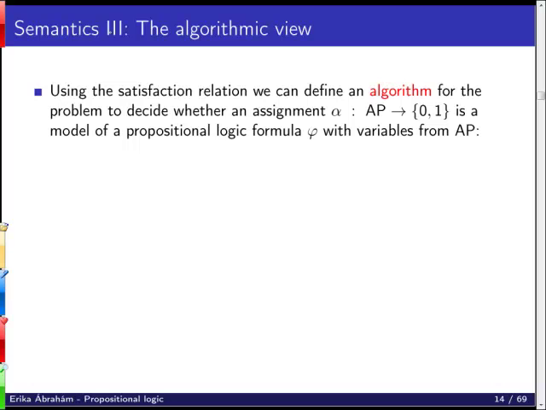If you would get the exercise to write a program that computes the truth value of a formula under an assignment, that means write a program, that means formulate an algorithm. What would you do?